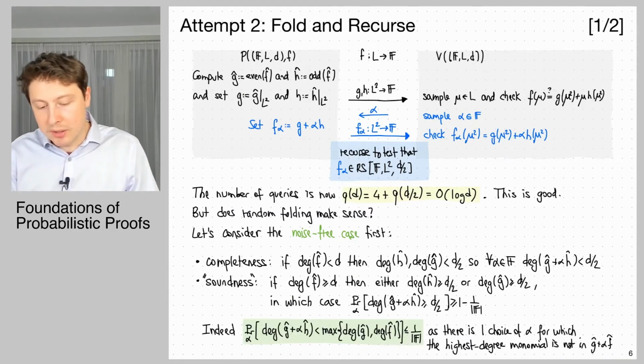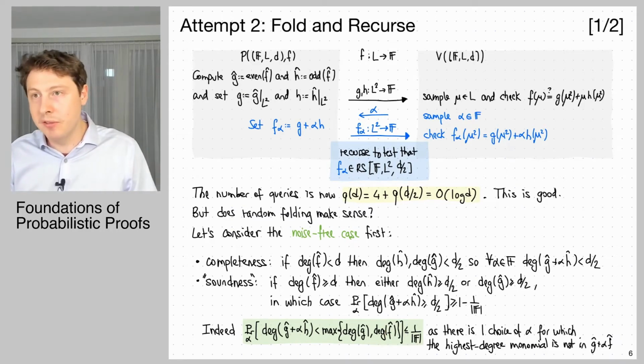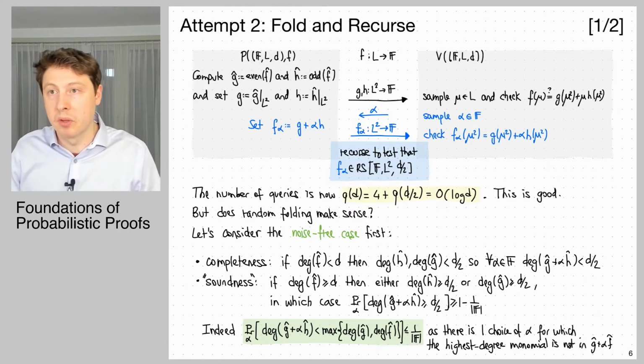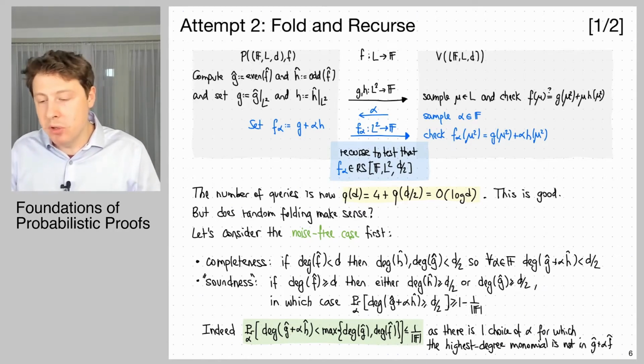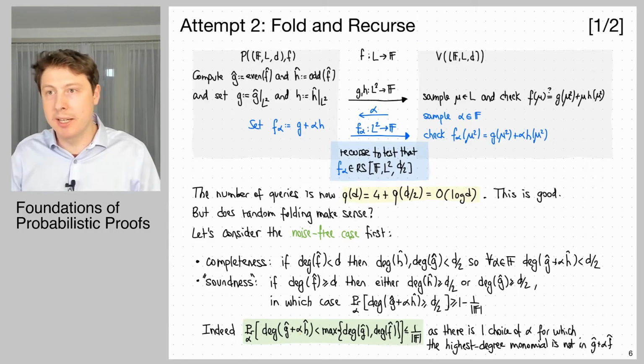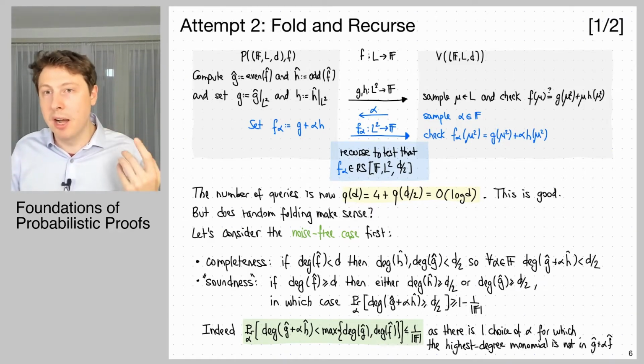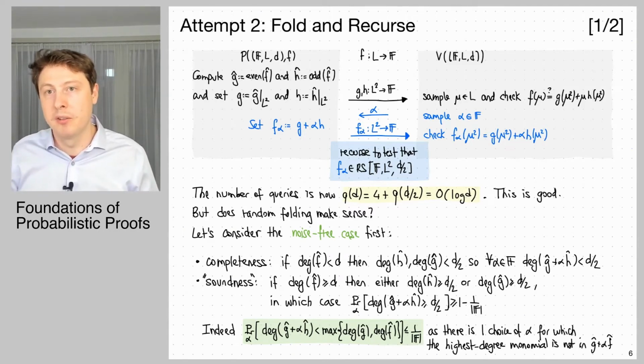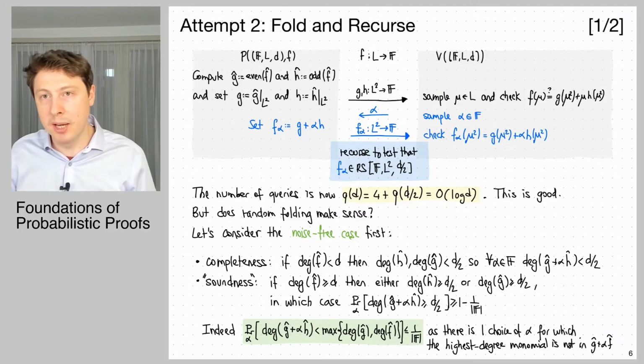In general, if you have two polynomials and take a linear combination, there's only one choice of alpha for which it kills the largest monomial. They may even have the same monomial, but alpha randomizes the largest monomial in the two of them, and you get a sum that disappears for only one value of alpha. Otherwise, you just get the same degree. For almost all alphas, the degree of the linear combination is the same as the larger of the two degrees.